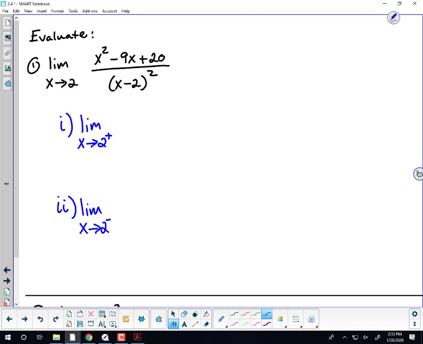So you've got to be mindful of what the numerator's doing and the denominator's doing. As x approaches 2, the numerator approaches what? I'll just rewrite this here. Positive 6.